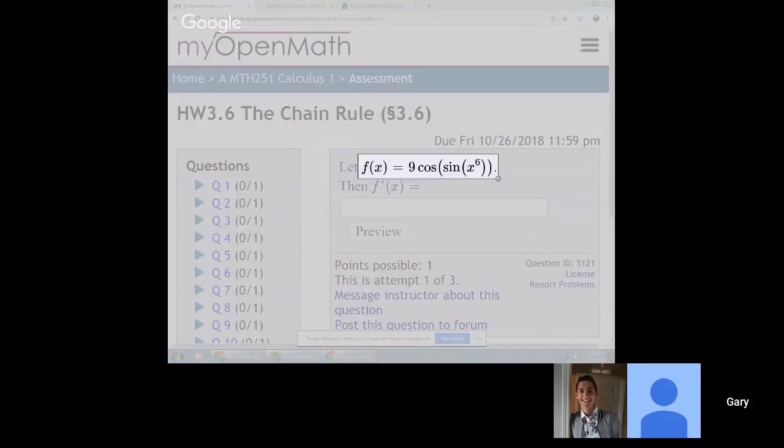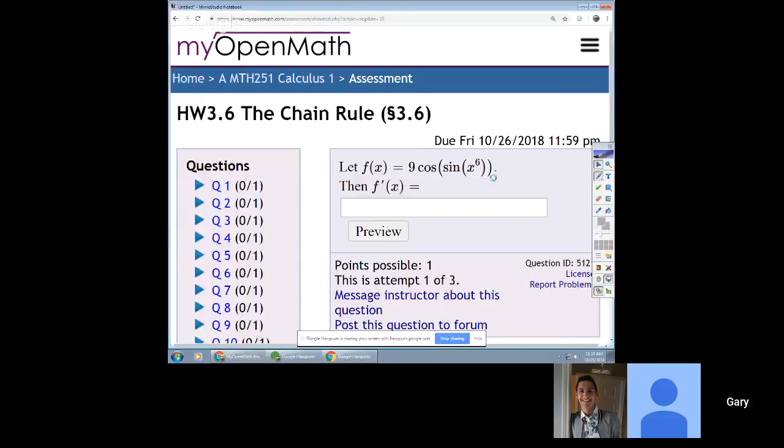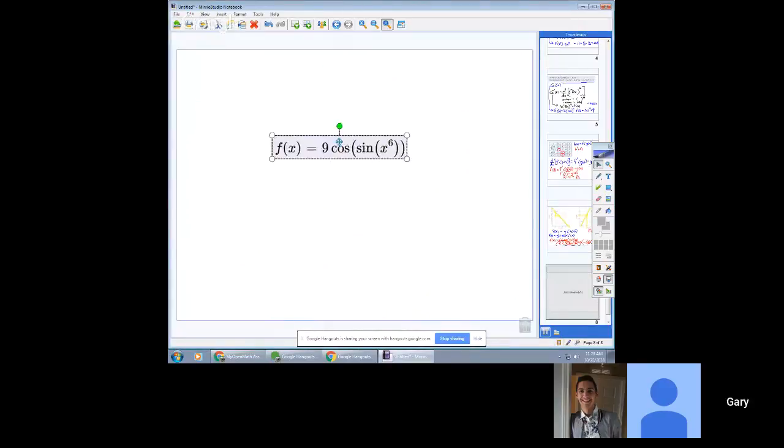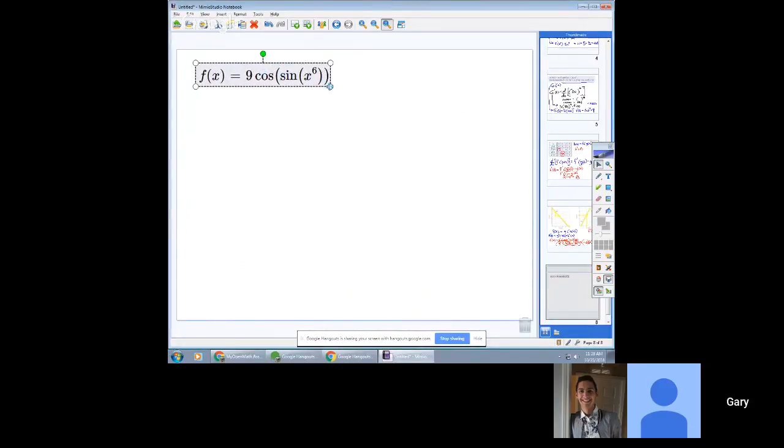Because here I have a triple composition. So we have an outer, a middle, and an inner, and it works really nicely. You just multiply in order that composition.